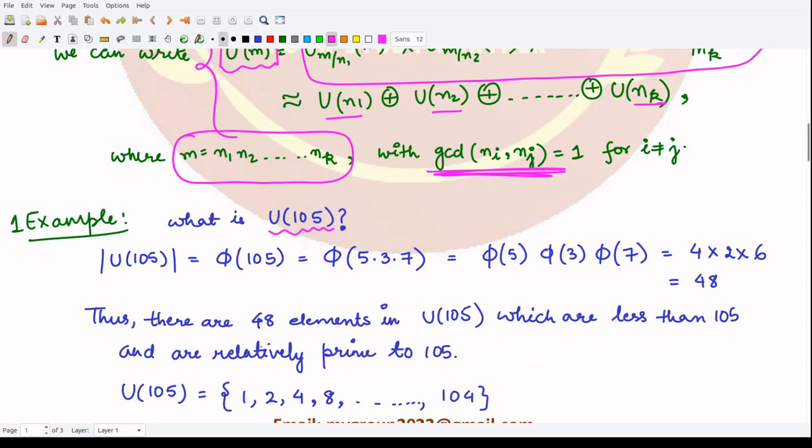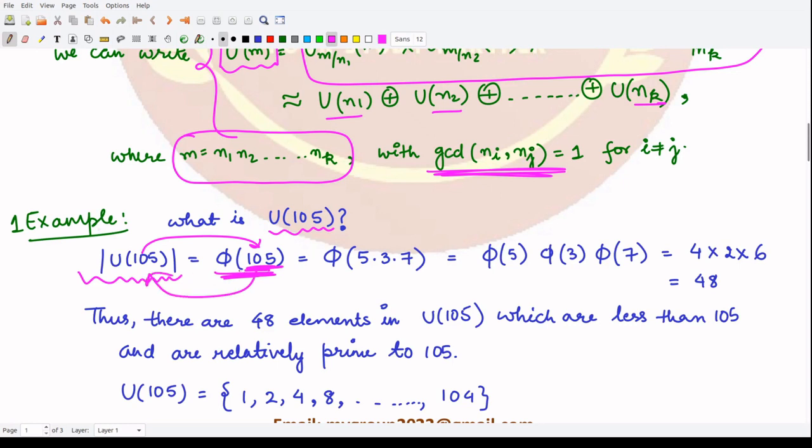How many such members are there? We need to find the order of U(105). The order of all multiplicative groups of such kind is given by phi(105), where phi is the Euler phi function. This function basically tells you how many numbers are relatively prime to this number. That is actually the definition of this group.